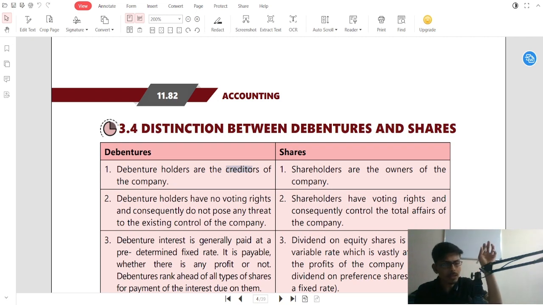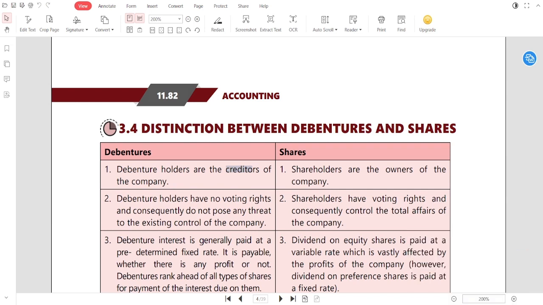Obviously it is shown under equity and liabilities. These are basically my owners, like equity of the company. So equity shares are the owner's capital. Okay, so we need to remember this.